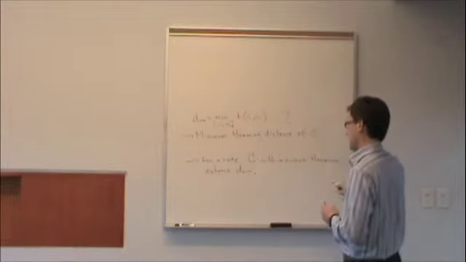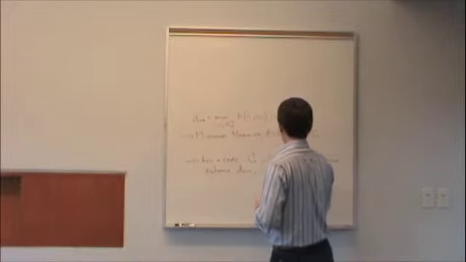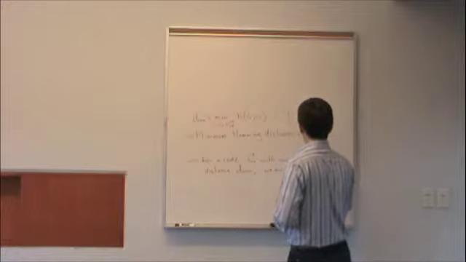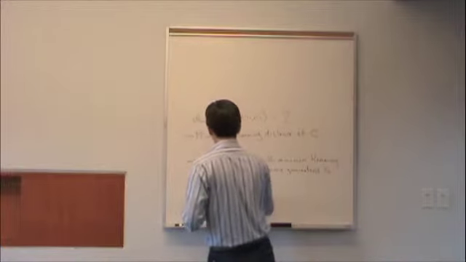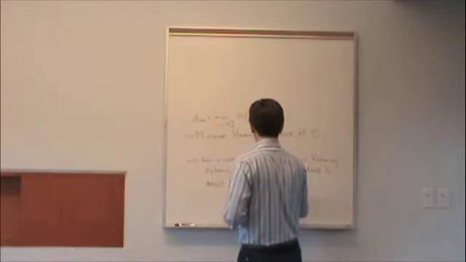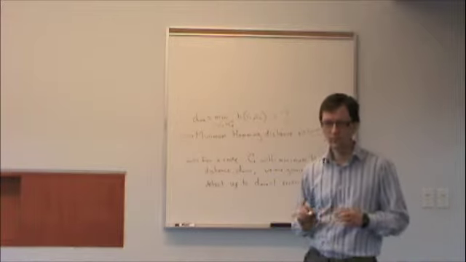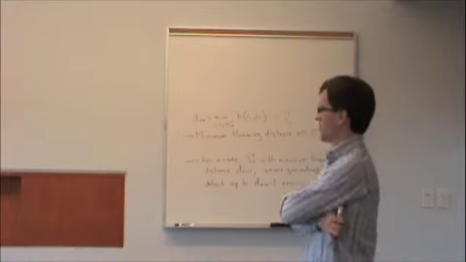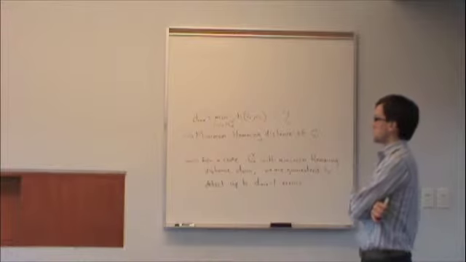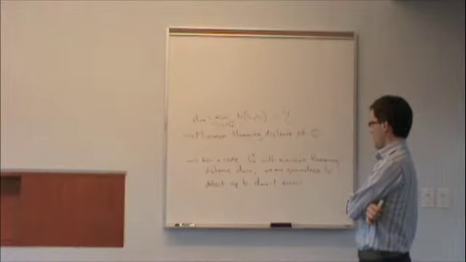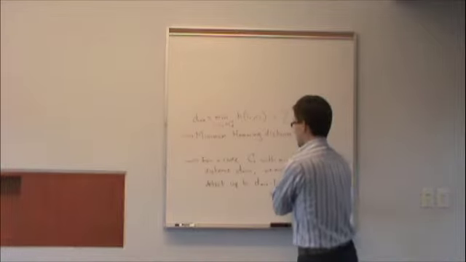So for a code C with minimum Hamming distance dmin, we are guaranteed to detect up to dmin minus 1 errors.